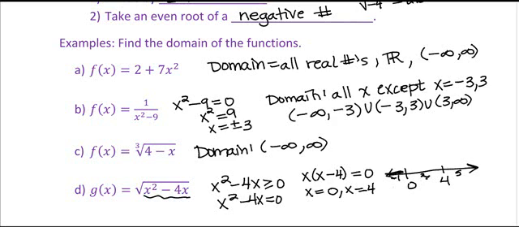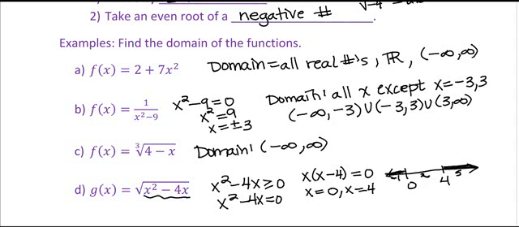If I plug in 2, for instance, 2 squared is 4, minus 4 times 2 would be minus 8. 4 minus 8 is -4, which is not greater than 0, so those would not be included. And then lastly, we plug in 5. 5 squared is 25, minus 4 times 5 is 20. 25 minus 20 is 5, which is greater than or equal to 0.